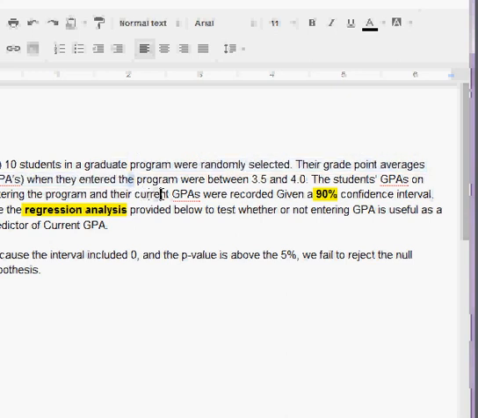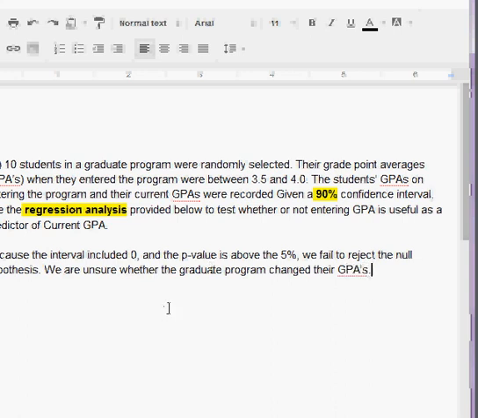That means we are sort of unsure whether the graduate program changed their GPAs.